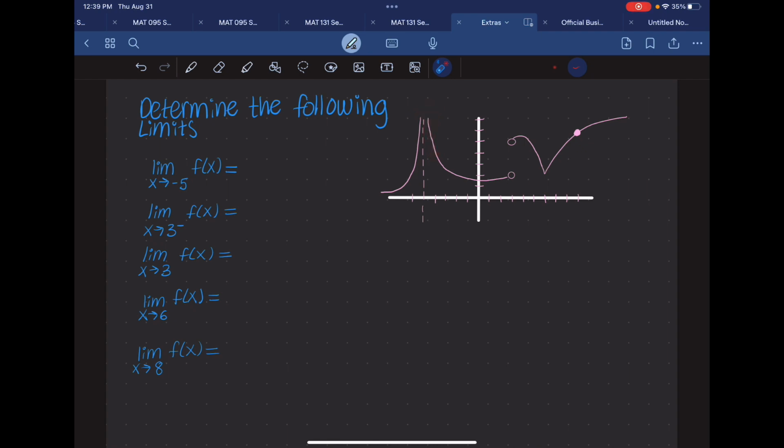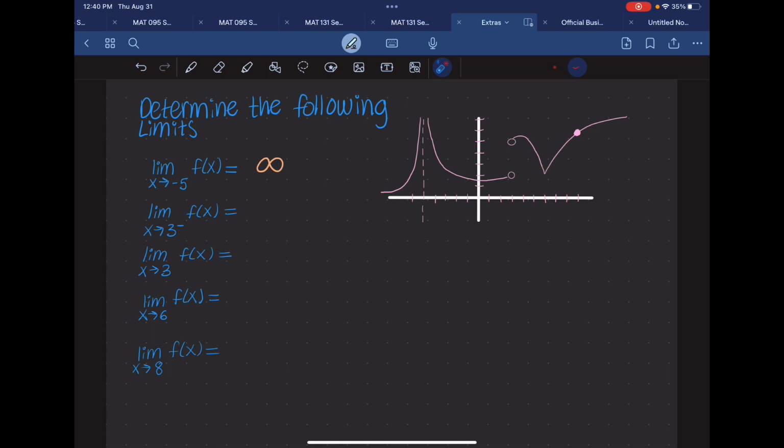And so our limit doesn't exist in the sense that we don't have a finite number that our function is approaching, but we can be more specific than just saying doesn't exist and say that our limit is infinity because on both sides, our left-hand limit and our right-hand limit are blowing up to positive infinity.